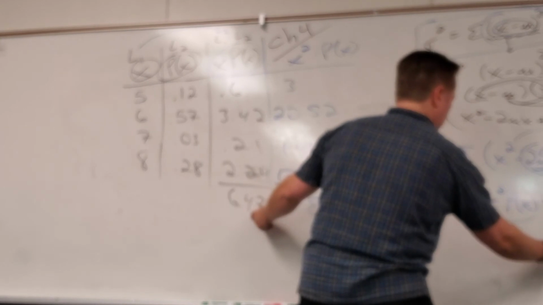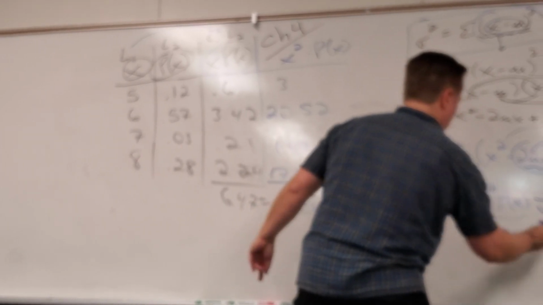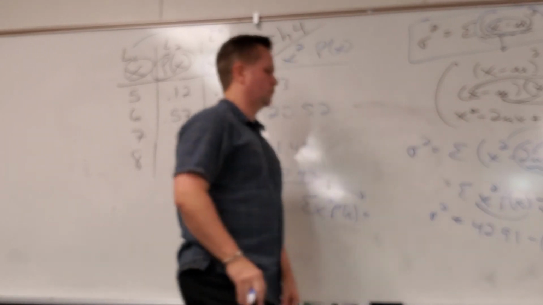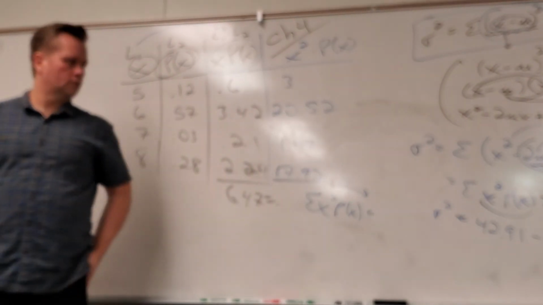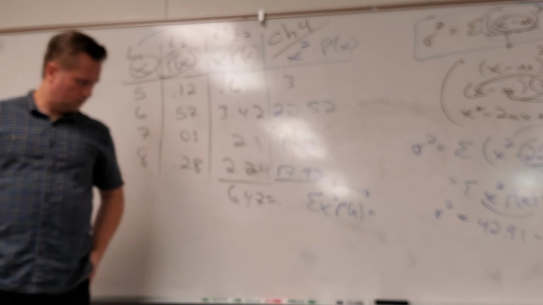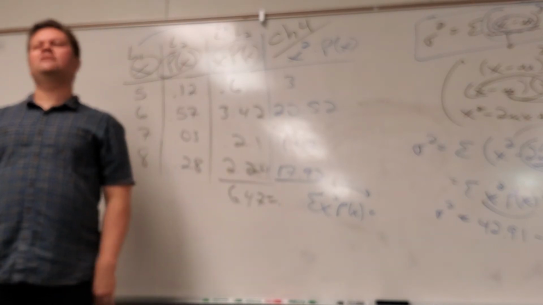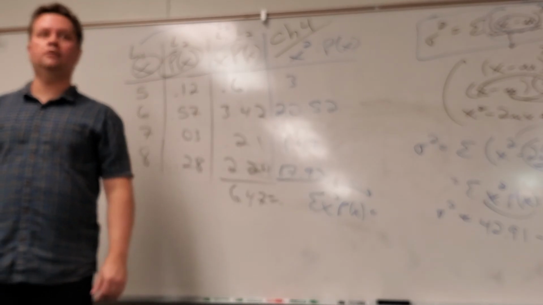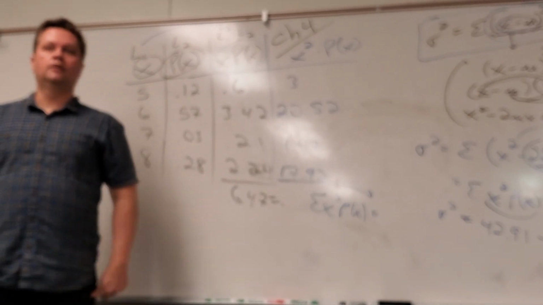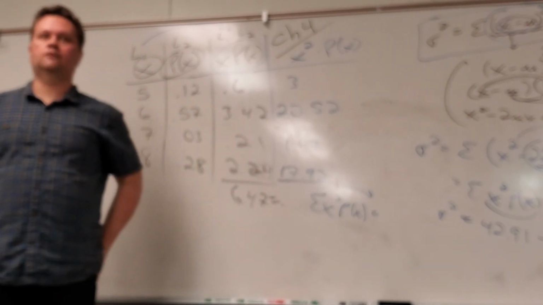The biggest mistake is people forget to square the mean. So let's see what that variance comes out to be. If it comes out negative, you just stop and go back because you did something wrong, right? You can't take a square root of a negative number. We work with real numbers in statistics for the most part.